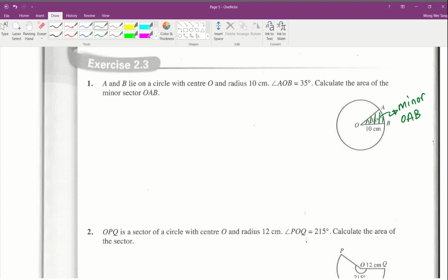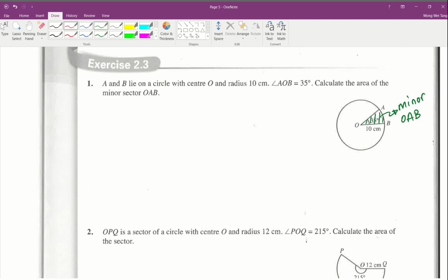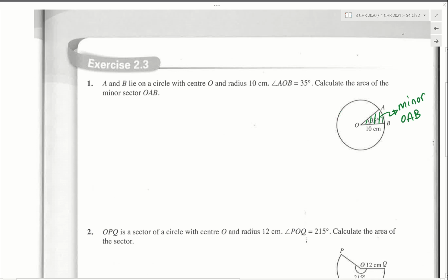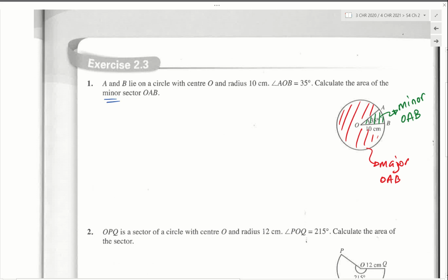So look, OAB. Look at my stylus, look at the pen. OAB. So this is my major OAB. They wanted the minor. So only this.